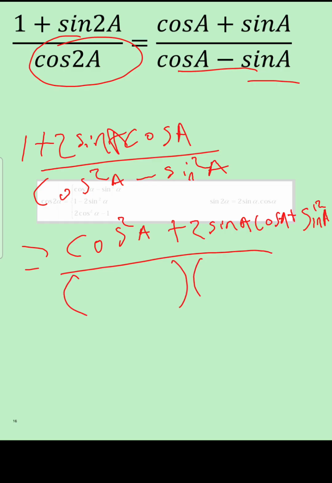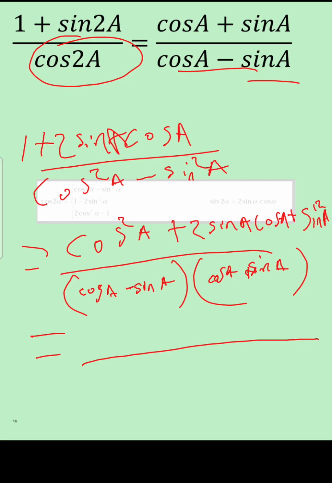Then you open two brackets. Difference of two squares in the denominator: cos a minus sine a, cos a plus sine a. Then we factorize.